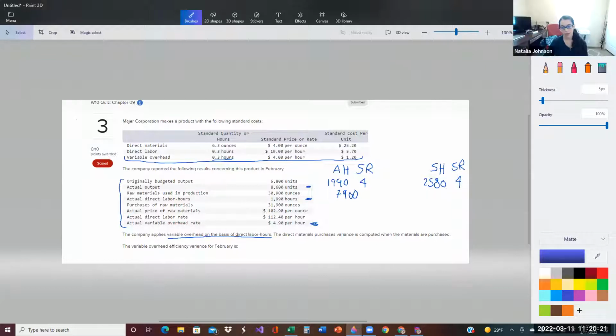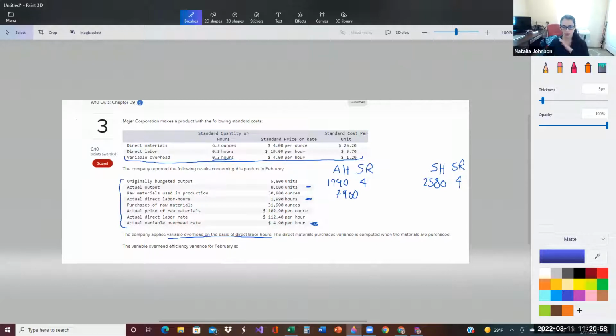Yeah, we talked about this last week. There are like 3 numbers. There's the budgeted output, which they budgeted 5,800 units. And then the actual, which is the third one, was actually 8,600. When we create a flexible budget, we use the standard cost times the actual units.